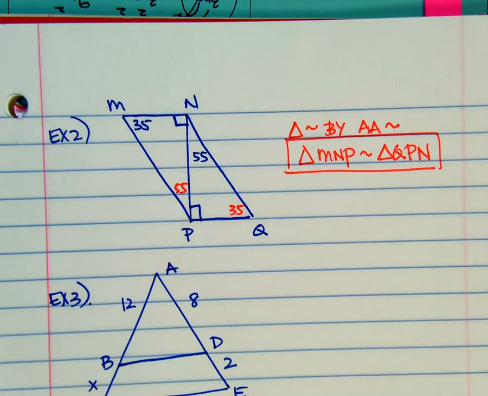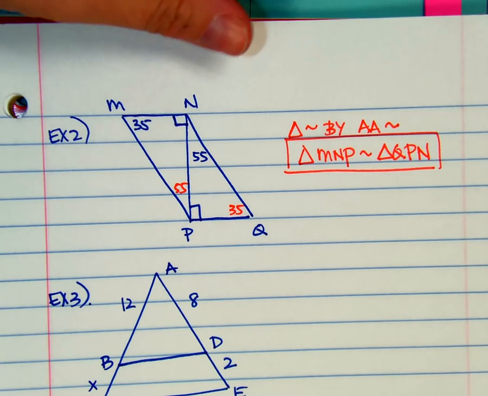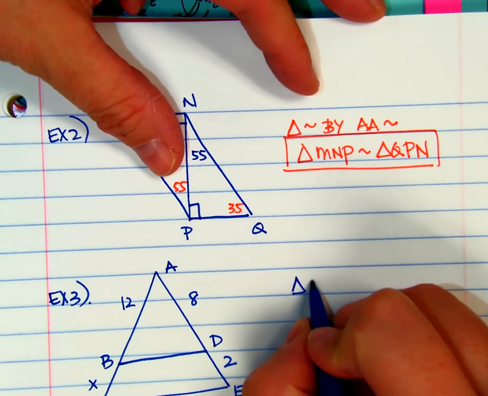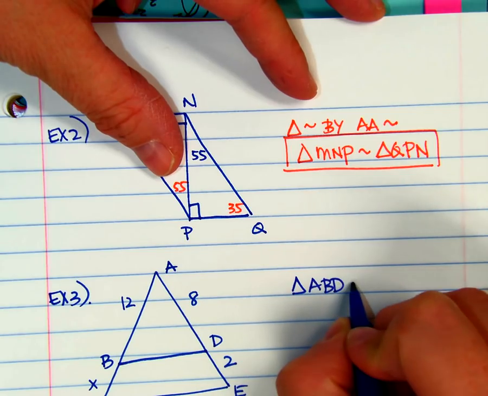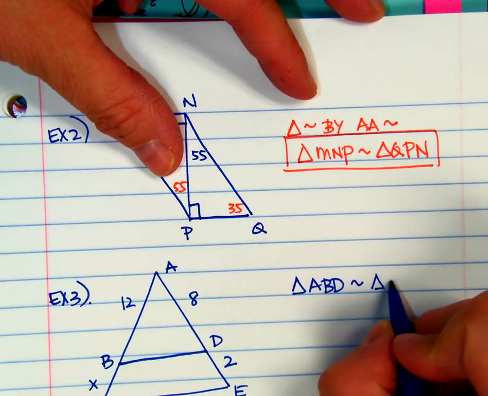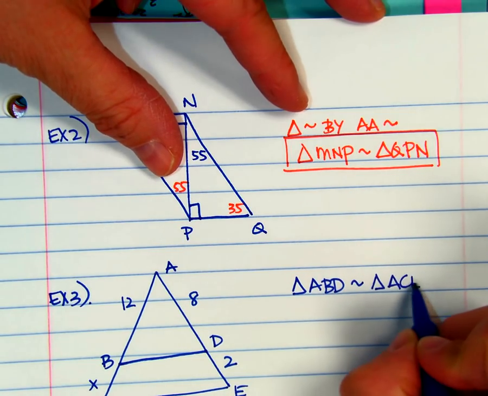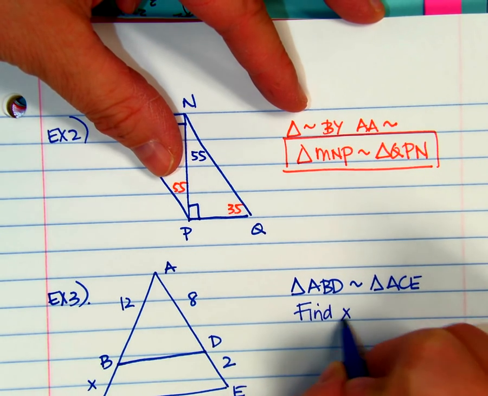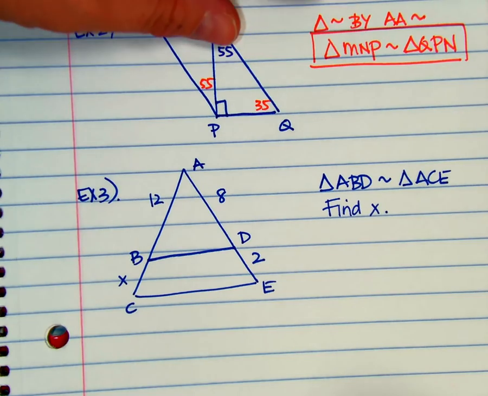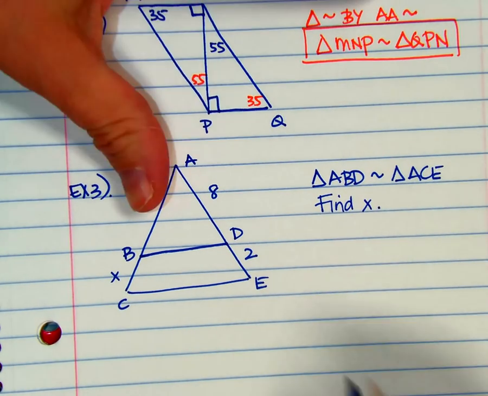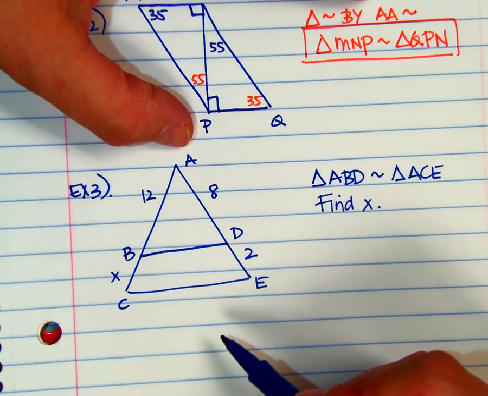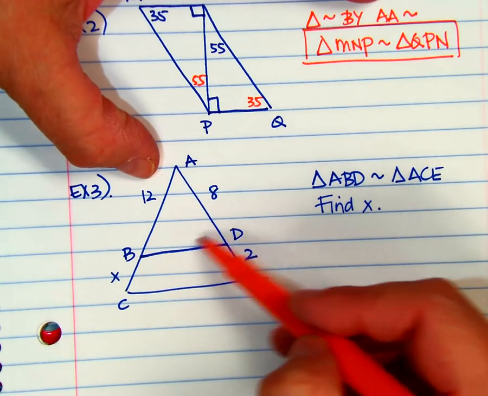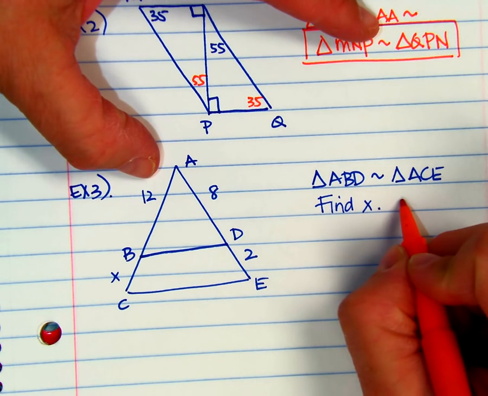Okay, so this relates to that first example I did. I am telling you that they are similar. Triangle ABD is similar to triangle ACE, so we have to find x. In order to find x, we're going to set up our proportions. So the left side of the smaller one is 12.